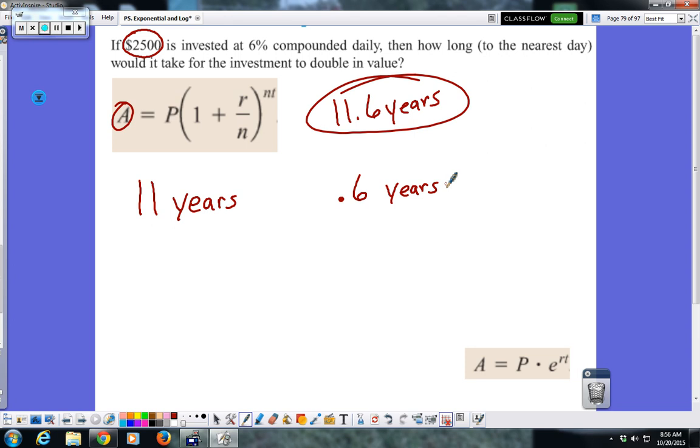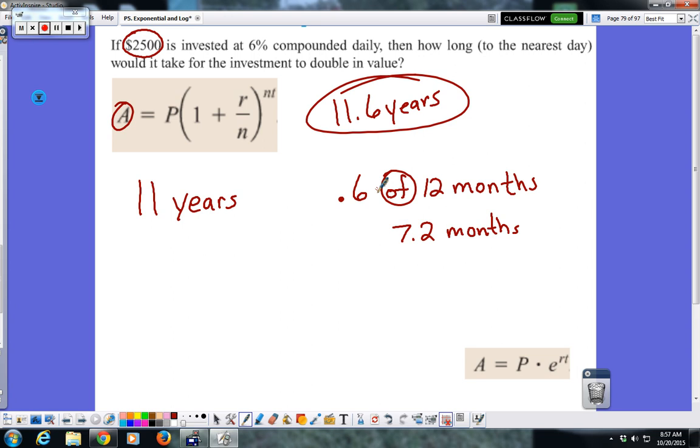So in order to turn that into months, that's 0.6 of a full year. 0.6 of 12 months. If you type that in, that gives you 7.2 months. The word of in math means times. So 0.6 of the full year, that'd be 7.2 months.